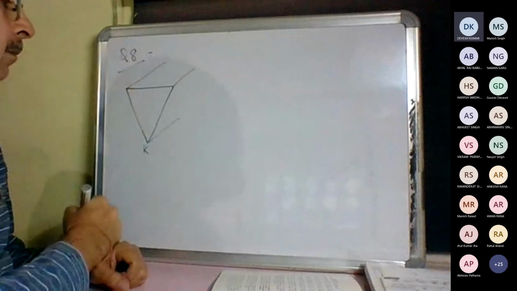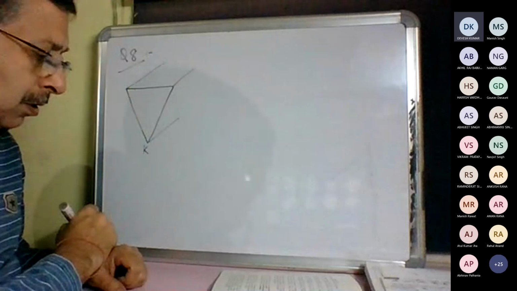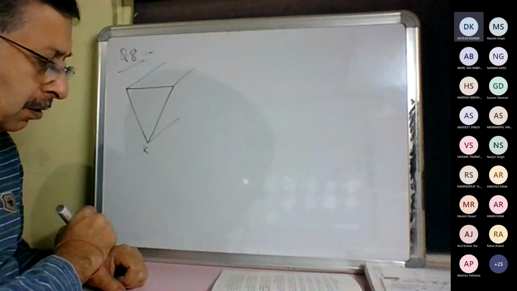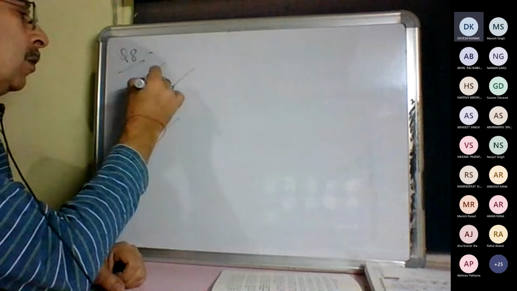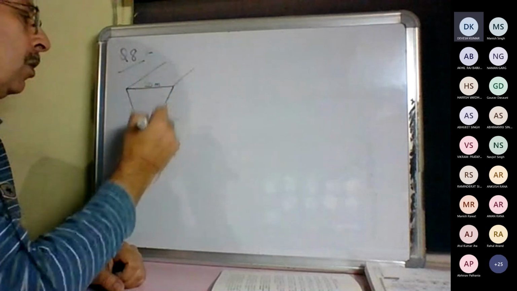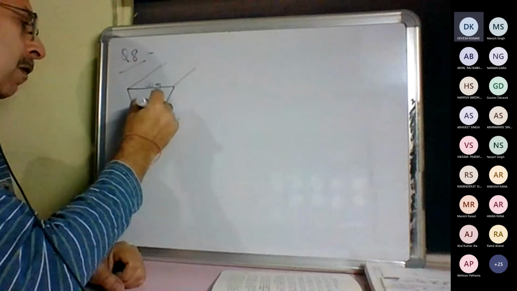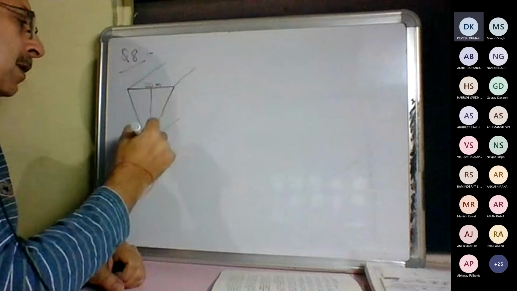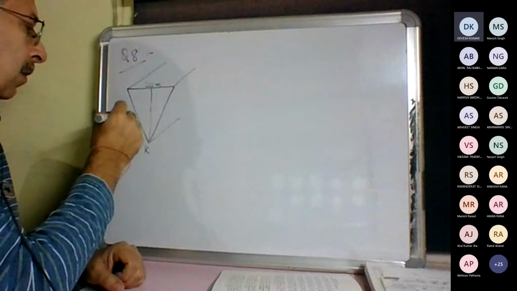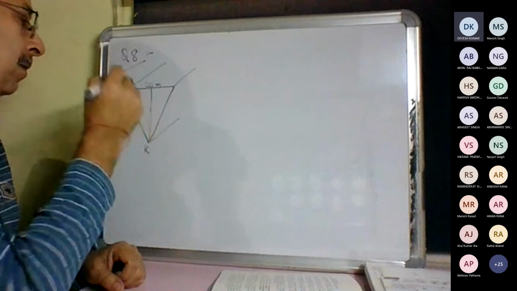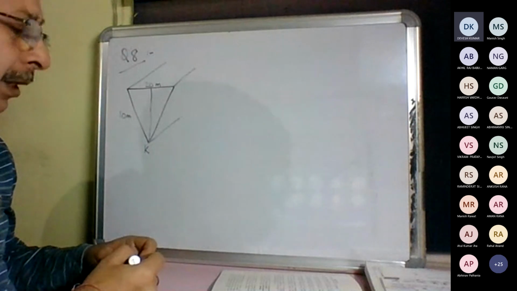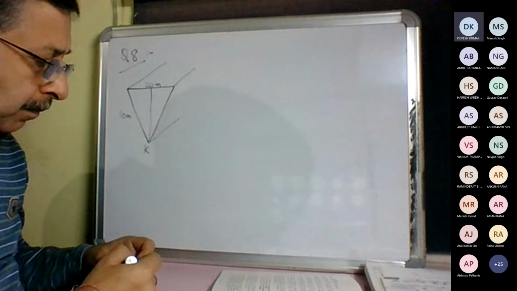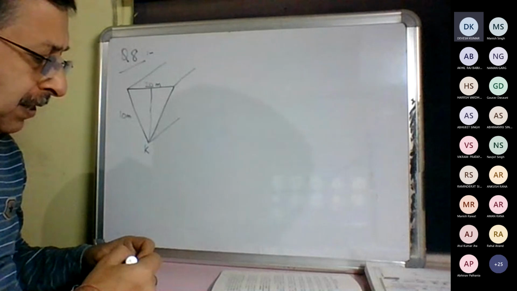This is the keel. It is 20 meters broad and 10 meters deep. It is 45 meters long.